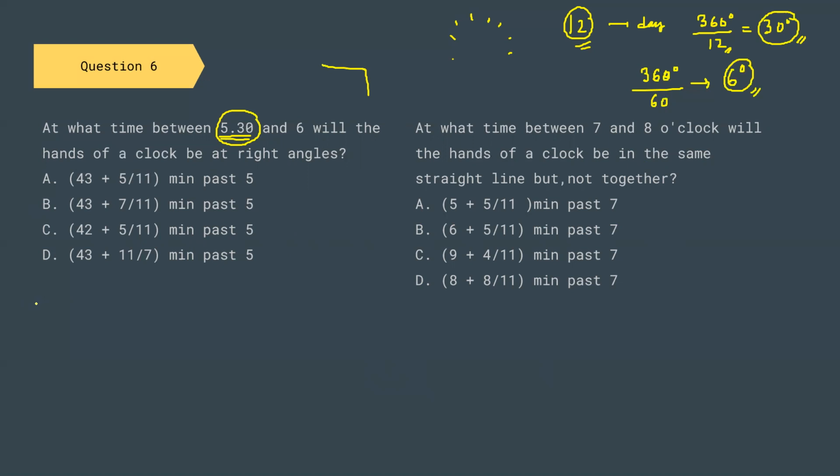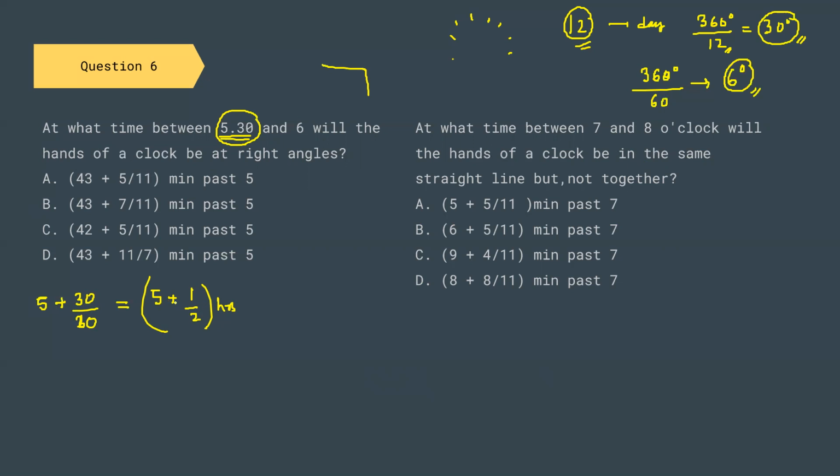Let us imagine the total time on the clock is 5 hours 30 minutes. The hour hand has completed 5 hours and then another 30 minutes. So the hour hand has completed 5 plus 1.5 hours, because throughout the time in which the minute hand is revolving, the hour hand also slightly moves.